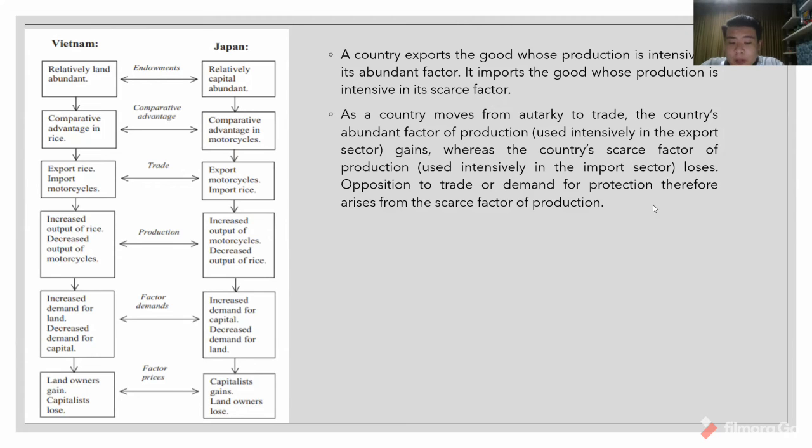And for Japan, the comparative advantage in motorcycles causes an increase in the output of motorcycles at the expense of rice. Consequently, there is an increase in the demand for physical capital and a decrease in the demand for land. These changes cause Japanese capital owners to gain from trade and Japanese landowners to lose from trade.